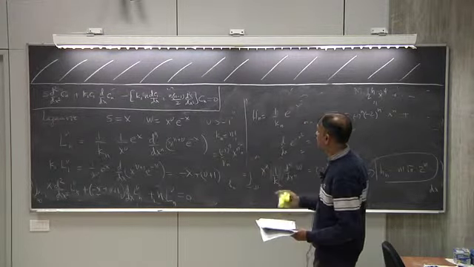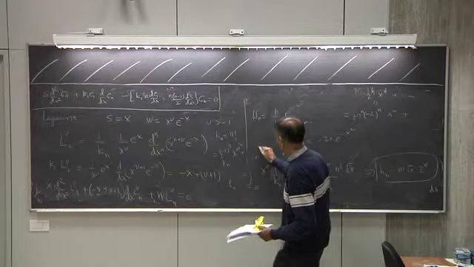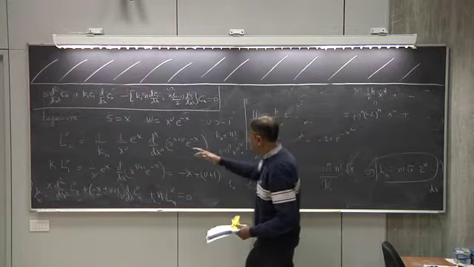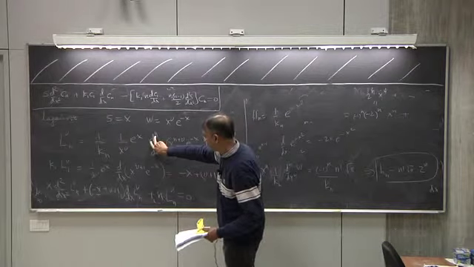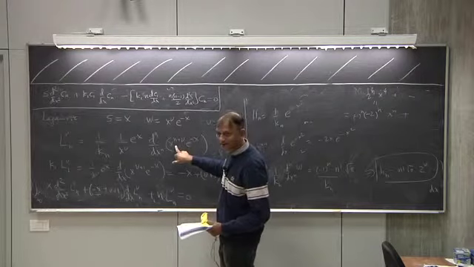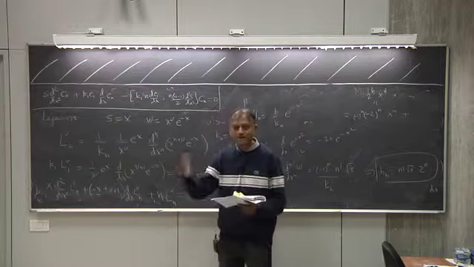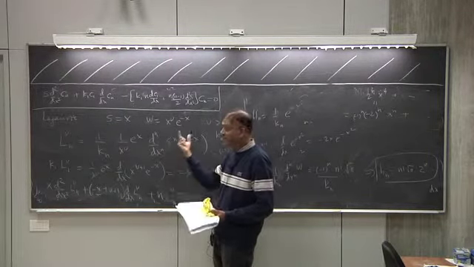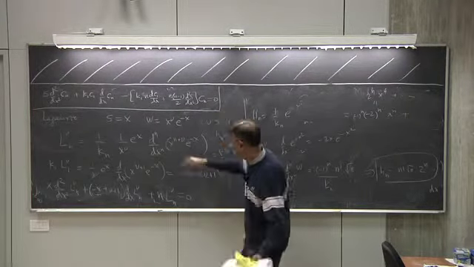For example, suppose I want to compute k prime n. How will I do that? So suppose I want to look at the coefficient of x to the n minus 1. Okay. So you want to reduce the power by 1, right? So what I should do, n minus 1 of these derivatives must act there, right? And one derivative must act here, right? But now out of the n derivatives, how many ways I can distribute, say, one derivative acting here? There are n ways of distributing it, right? Because there are n derivatives here.